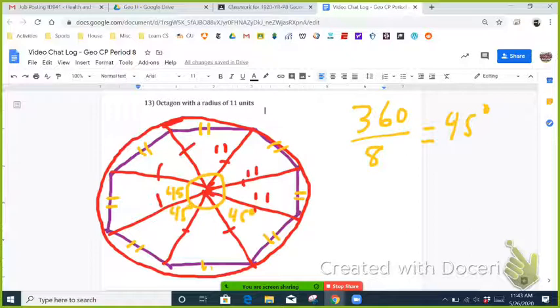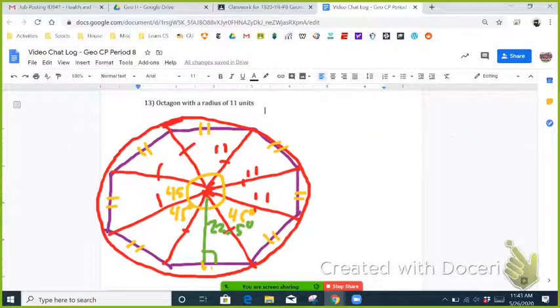Alright, and then if you split it like this to find the height, this angle right here would be 22.5 degrees. So now I'll take this triangle and draw it bigger so I can see it a little better.